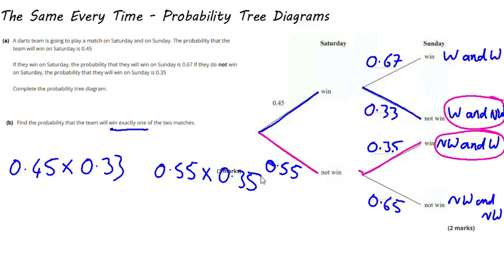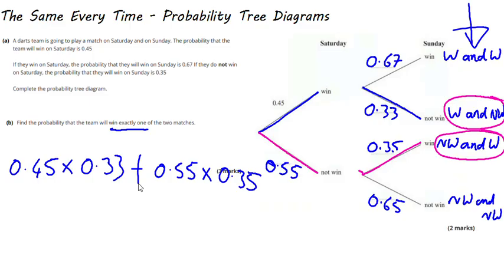0.35. And remember, if I'm going down my options here, then I need to plus them because it's an or, isn't it? Remember, in probability, or translates into a plus, so it's either win and not win or not win and win.